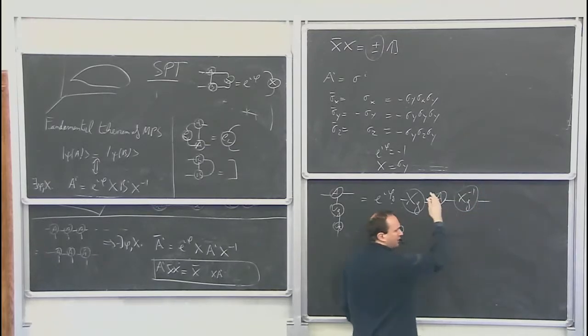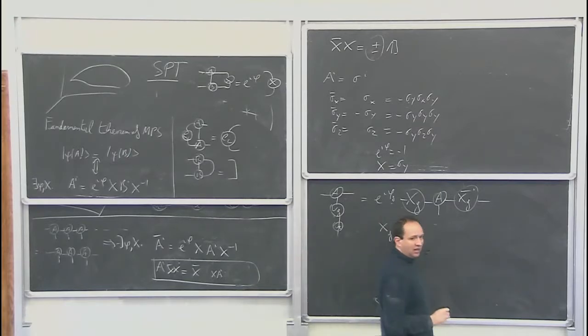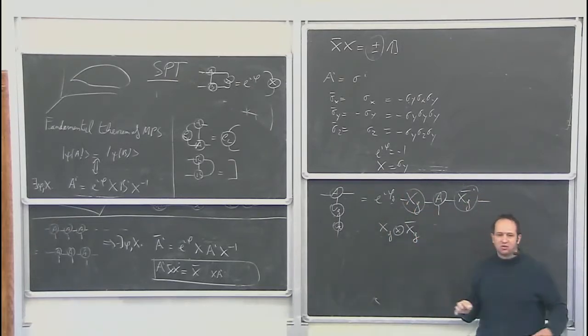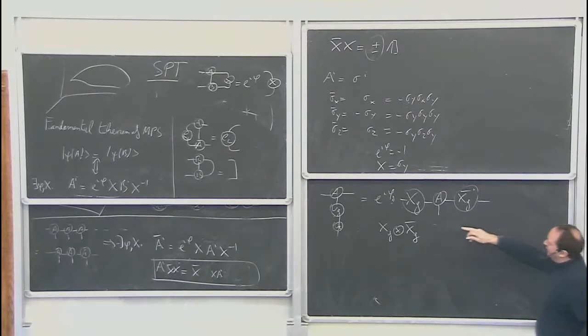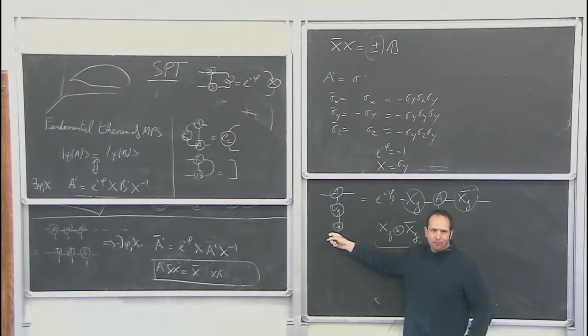Typically, if you work in the right gauge, this is nothing more than X_g dagger, the conjugate. What it tells you is that X_g times X_g bar has to be a representation of the same group, because you act with one element here, but you always get two elements on the virtual level.